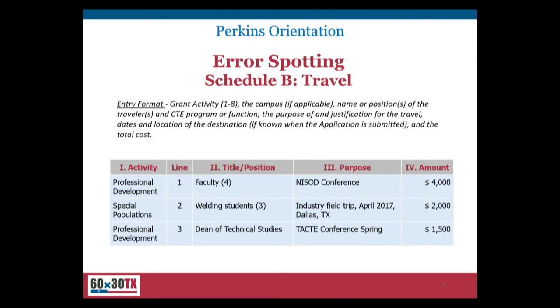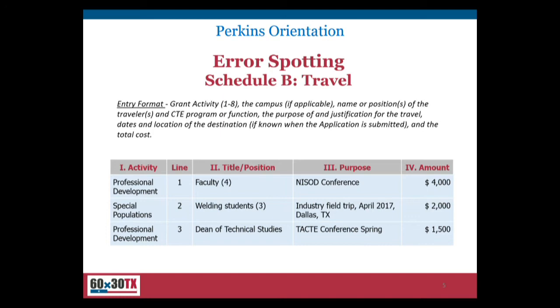On Schedule B, travel. You want the name or position of the traveler, the CTE program or function, the purpose, the justification, dates and location, if known, and the cost. So on line 1, we have a title. It says faculty. We have a conference, the NISOD conference. Is it CTE?